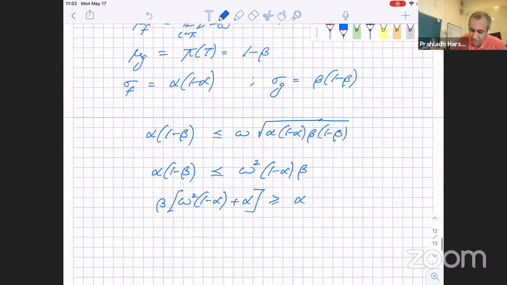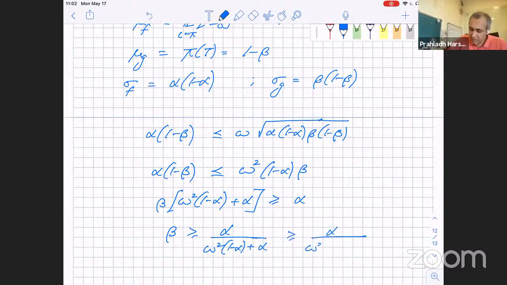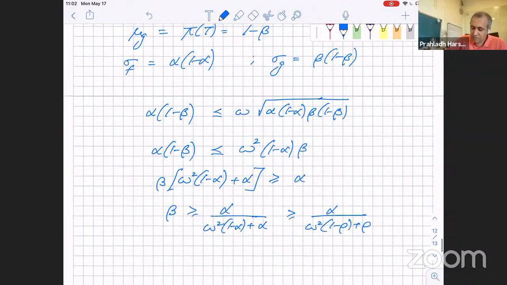Therefore, beta is a number which is always larger than alpha by omega square (1 minus alpha) plus alpha. And this number is always larger than alpha by omega square (1 minus rho) plus rho, since alpha is a quantity less than or equal to rho all the time.